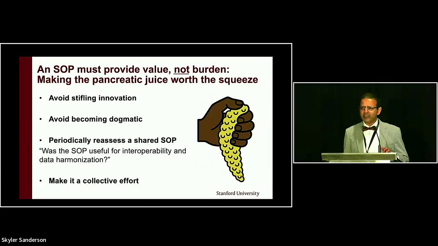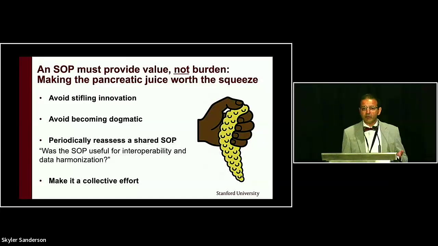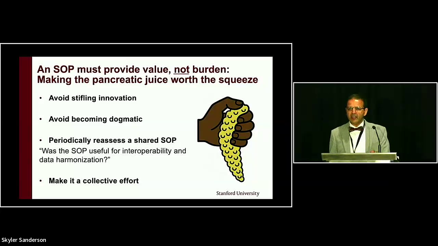It won't be perfect, but is it usable? And by periodically reassessing the shared SOP, whether after 5 years or more, and by asking questions such as, was the SOP useful for interoperability and data harmonization? And to make this a collective effort.